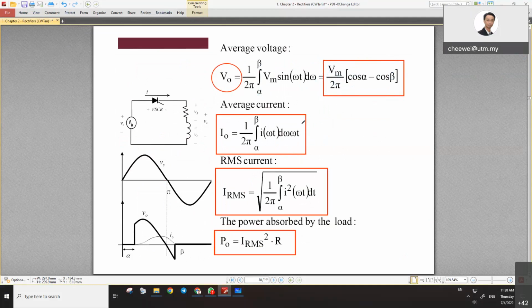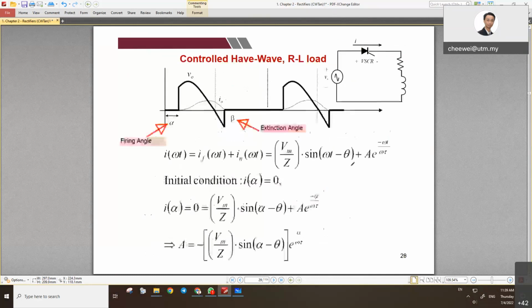If you are not sure whether you have integrated it correctly, you can change alpha to, let's test, alpha equals 0. What happened? Cos 0, what is the value? Cos 0 is 1, so you get 1 minus cos beta. Is it the same as the previous case? Let's check.